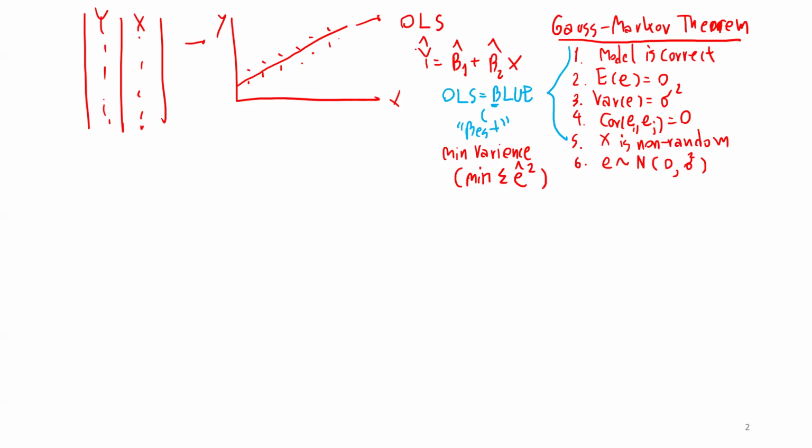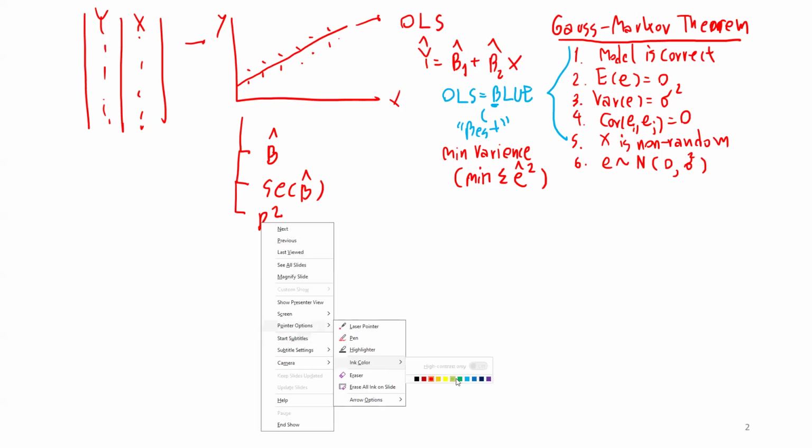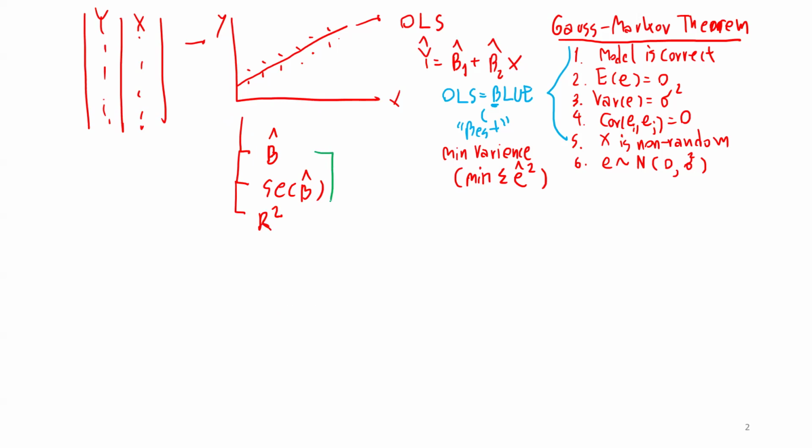Okay, so from OLS, we can find beta hat, we can find the standard error of beta hat, and we can find R squared. This is the latest chapter from last week. Then beta and standard error together, we can do a confidence interval, and we can do hypothesis testing.